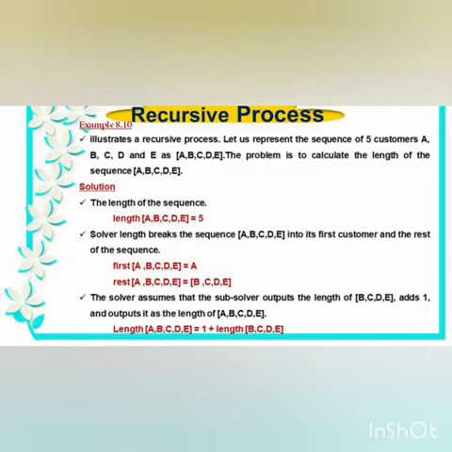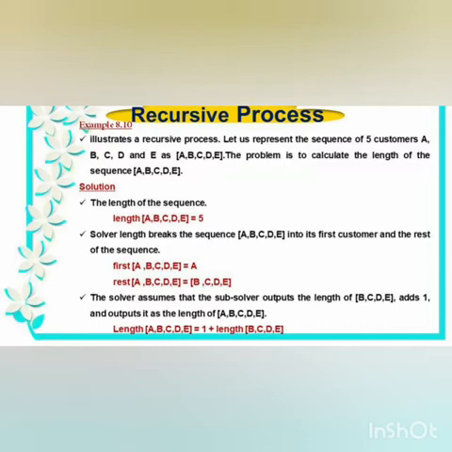Let us name our solver length. So, length of A, B, C, D, E is equal to 5. Now, the solver length breaks the sequence A, B, C, D, E into its first customer and the rest of the sequence.